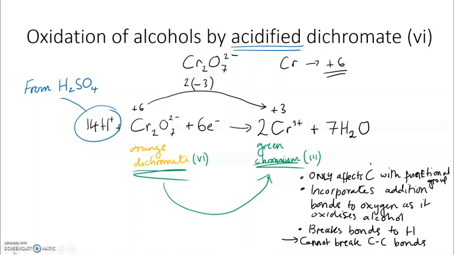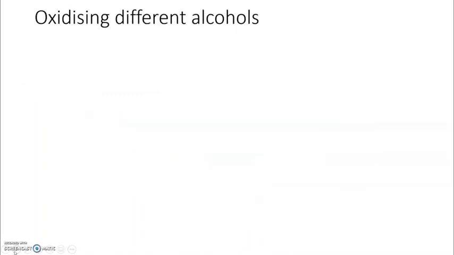Right, so let's have a look at oxidation of different alcohols then. Now, we are aware, I hope by this point, that there are 3 different types of alcohol that you may come across, which I am going to represent like so.